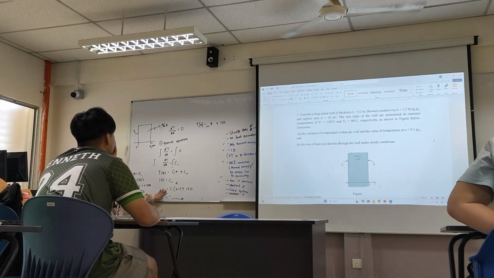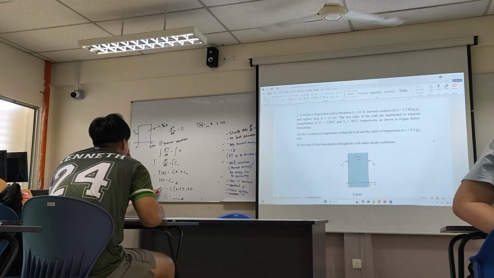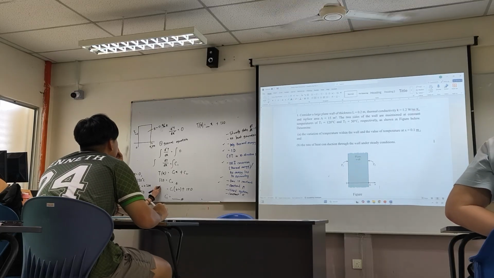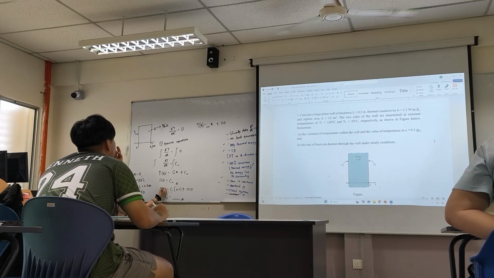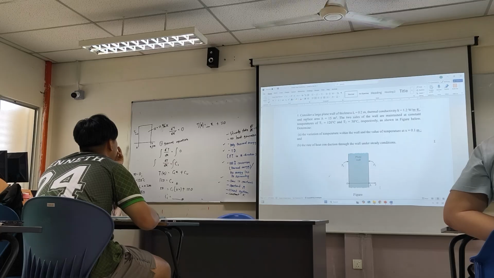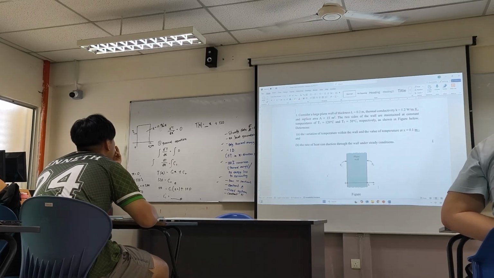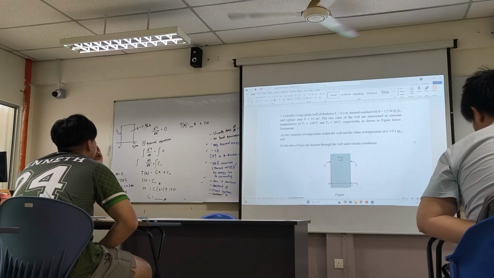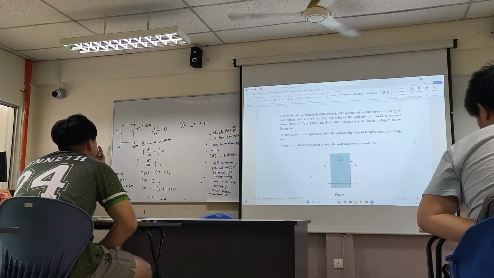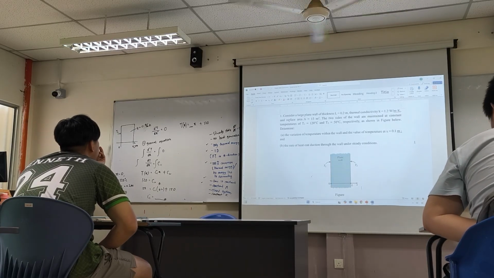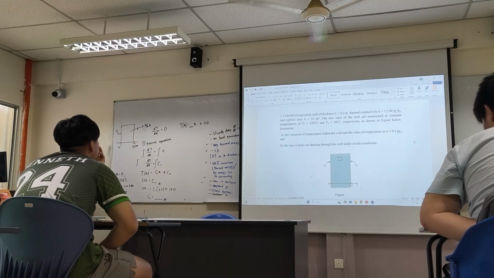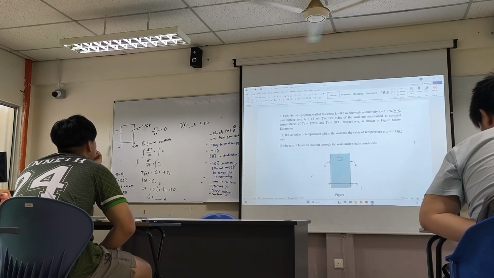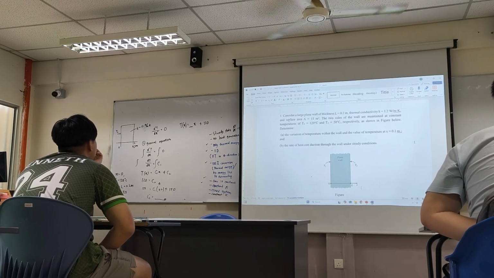Okay, also this one is my mistake. This is TL. Oh, yeah, correct. What's the value against T1?